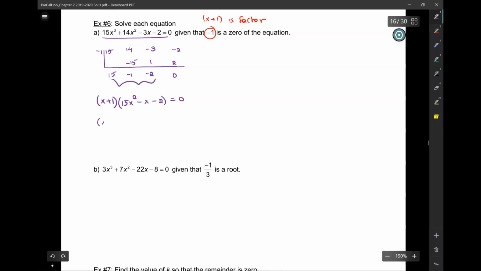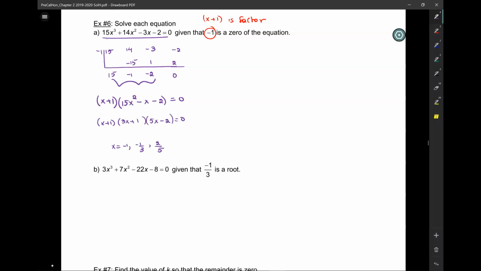Okay, I'm going to factor this further, and it turns out it's 3x plus 1, 5x minus 2. So the zeros are negative 1, negative 1 over 3, 2/5.